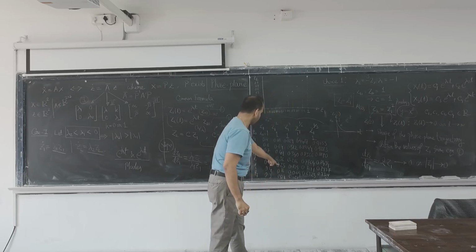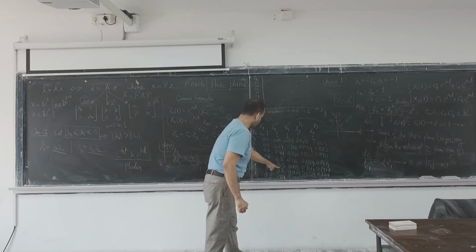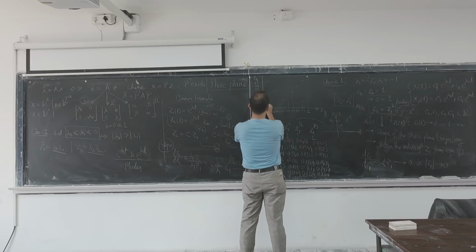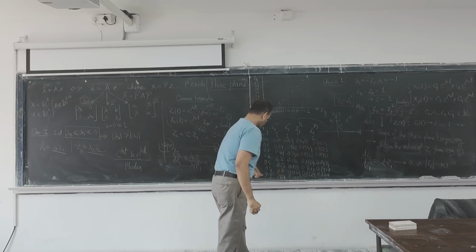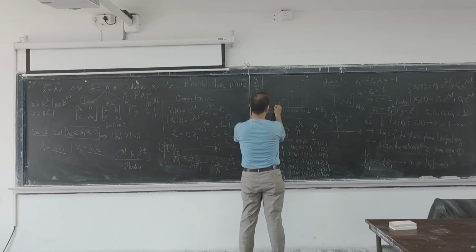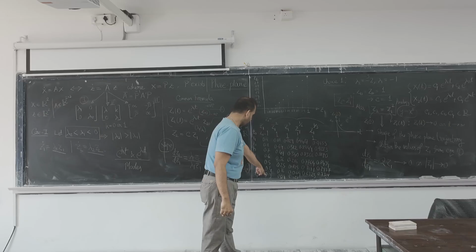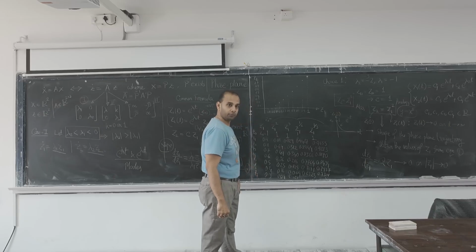Then for 0.5, it is 0.25. For 0.4, it is 0.16. For 0.3, 0.09. If you go further down, for like 0.2, it would be 0.04.